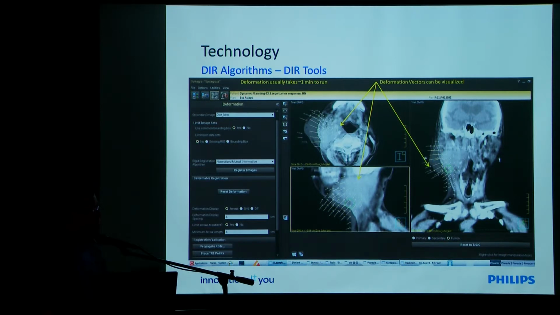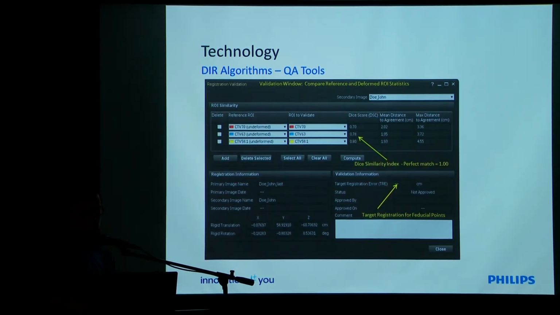And we can visualize that deformation, the way that the deformation algorithm has shrunk that original data set to fit into the new data set through deformation vectors. And we can also do quality assurance. So this is an example of the QA tools window here, where we can do an analysis of the deformed ROI with the original region of interest, ROI.